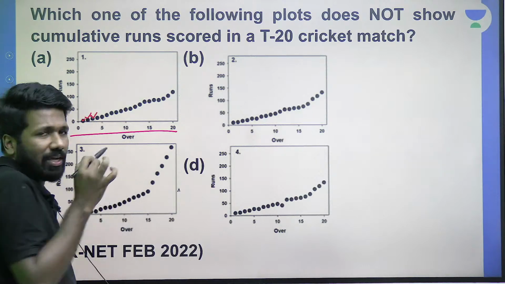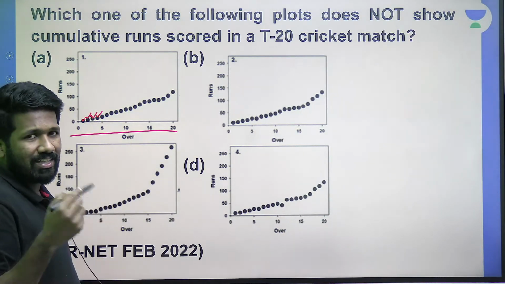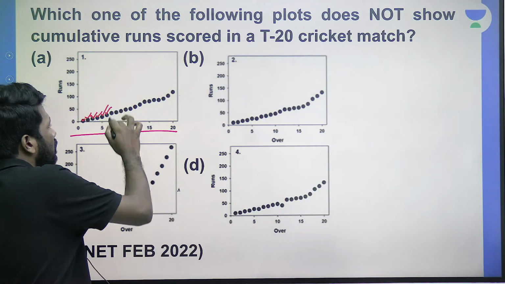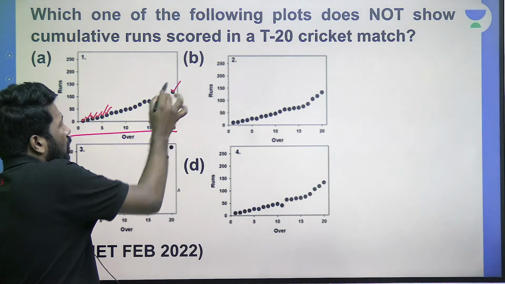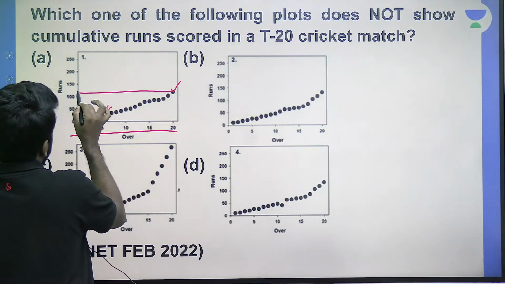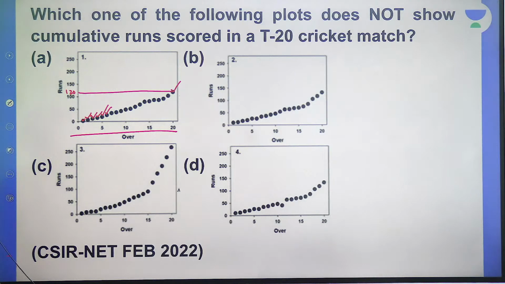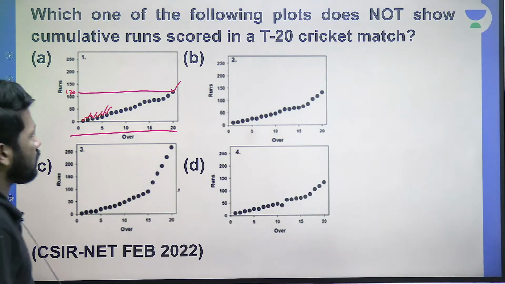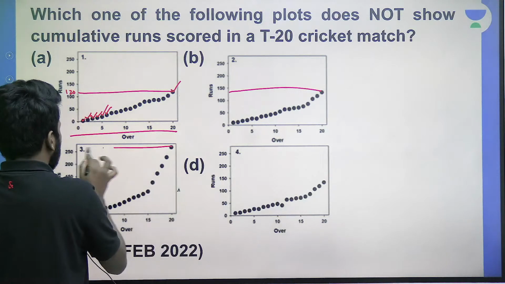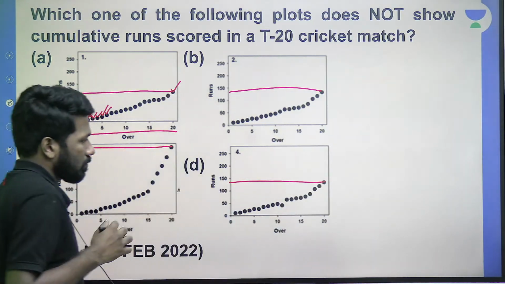This is the runs of the first, second and third over together, then first to fourth, first 5 overs together, 6 overs together, and this will be the total runs by the team. If you check it, it is something around 120 runs the team scored in the 20 overs. Similarly here it is 130 something, here it is 160 something, here it is 140 something.